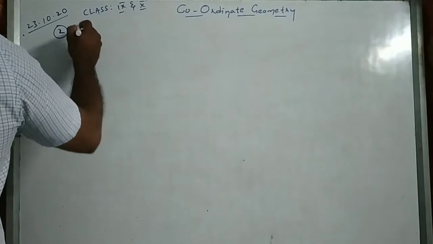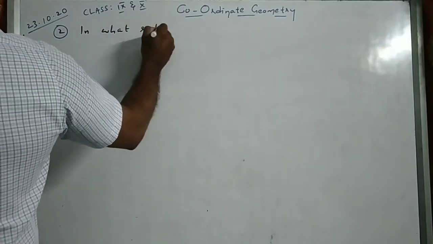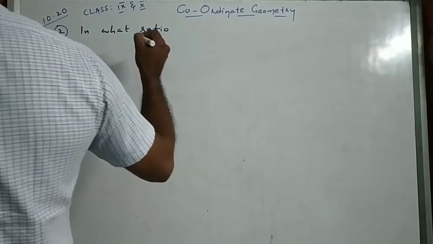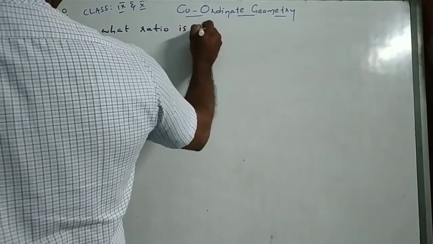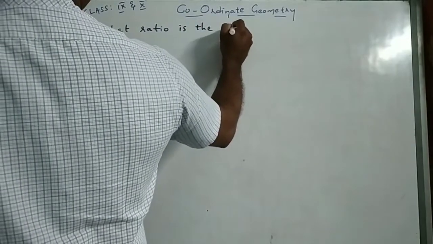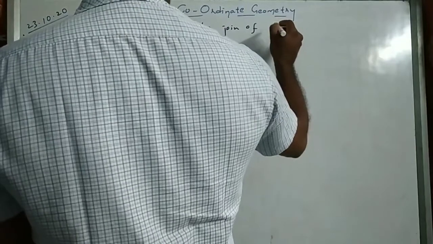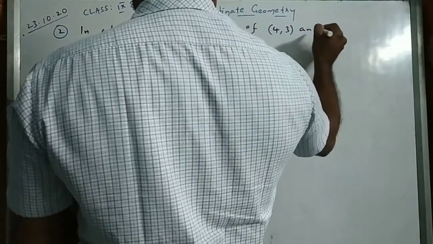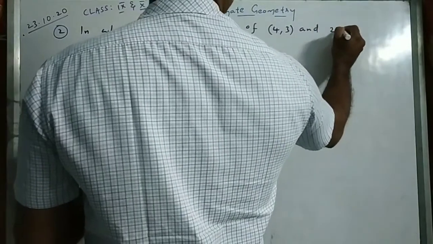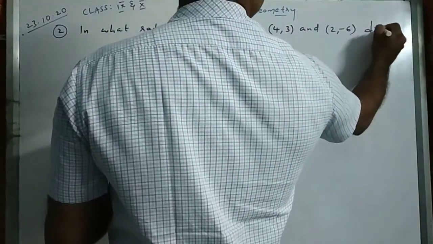In what ratio is the join of (4, 3) and (2, minus 6) divided by the x-axis?